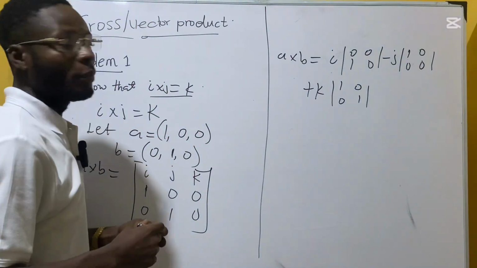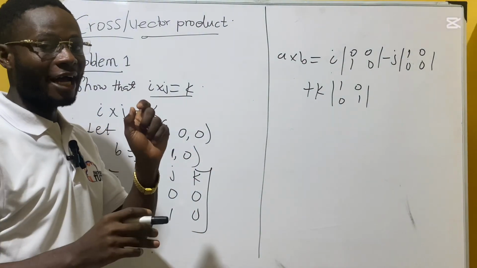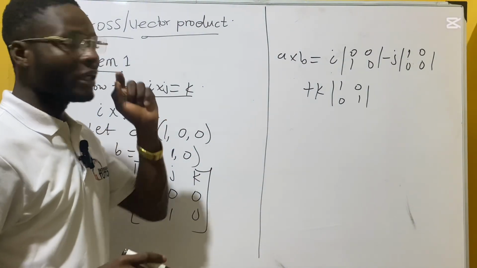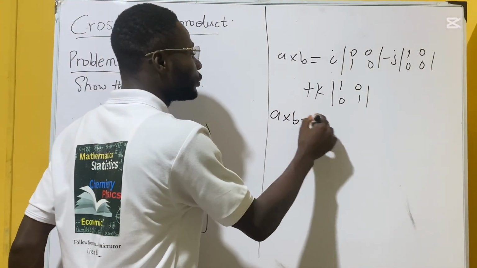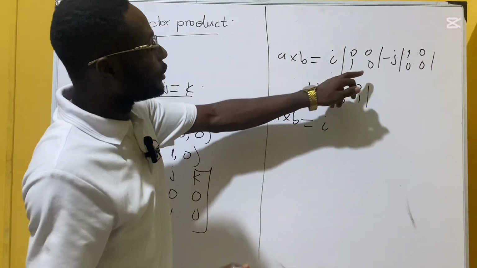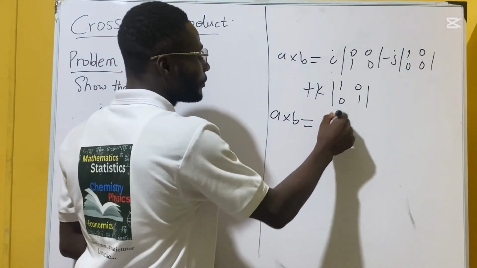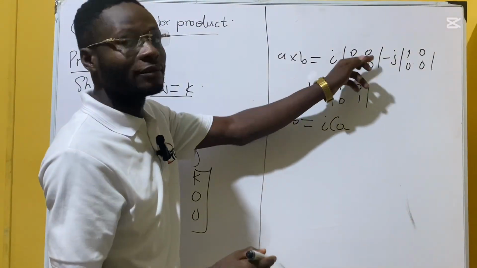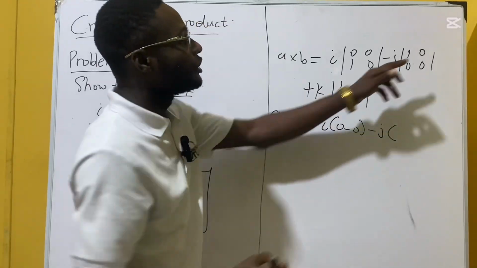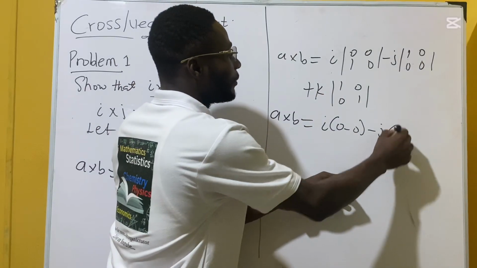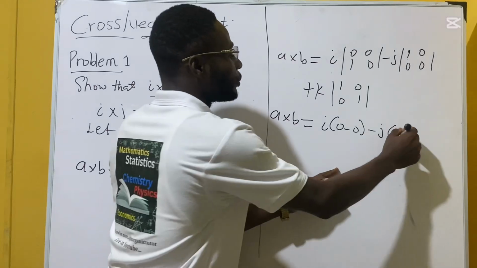So basically we are trying to prove that i cross j is equal to k. So we have a cross b equal to i into 0 times 0, that is 0, minus 1 times 0 is 0, minus j into 0 times 1 is 0, and 0 times 0 is also 0.